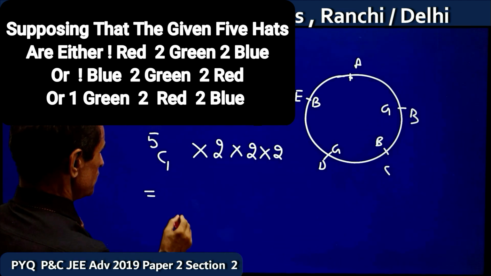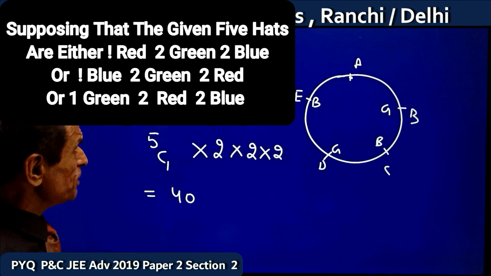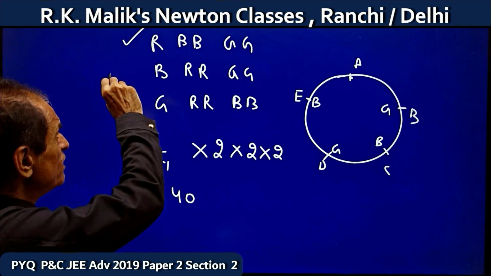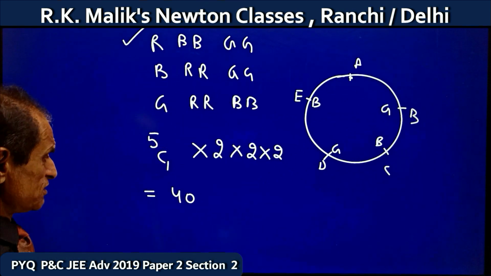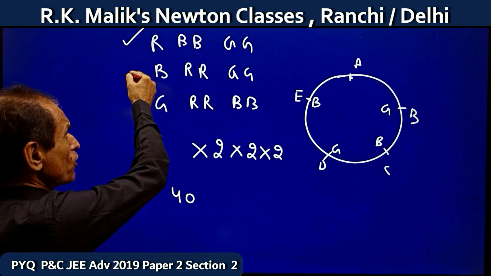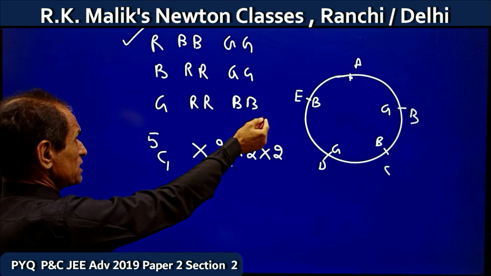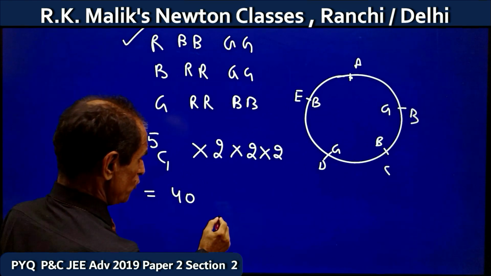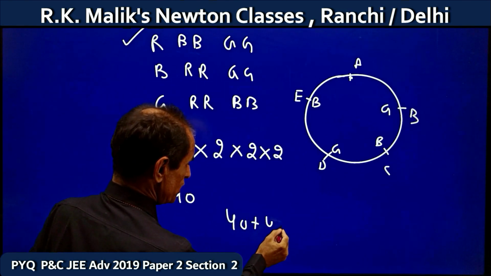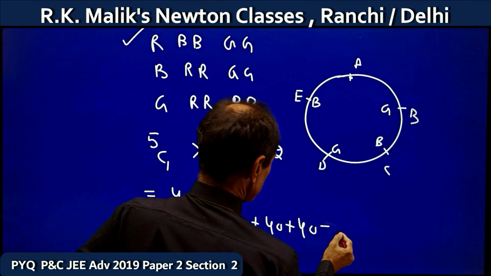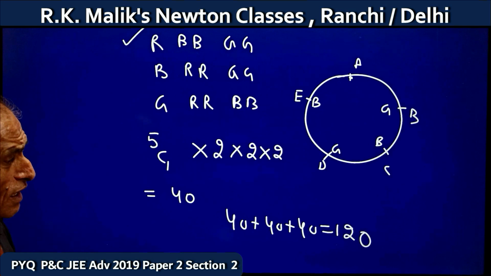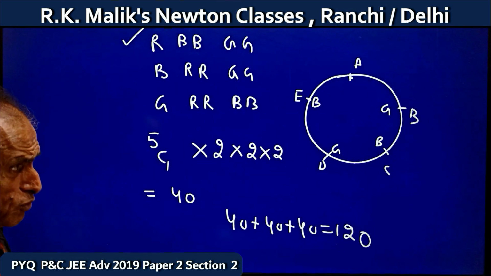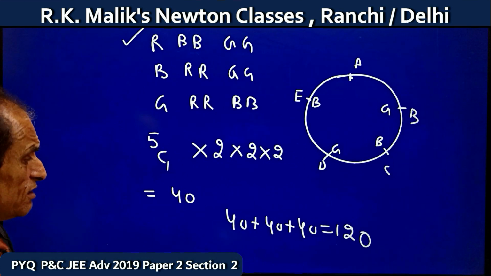That is, 40 cases will be there when one red and two blue and two green hats are distributed among 5 persons. Similarly, 40 more cases will be there for each of the other two cases. Therefore, 40 plus 40 plus 40 equal to 120 cases will be there to satisfy the given condition under the supposition that hats of same color are not identical.